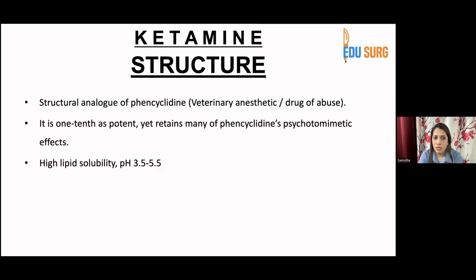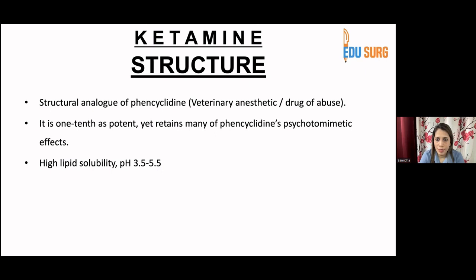It is a structural analog of phencyclidine derivative, very commonly used in veterinary anesthesia, and unfortunately can be used as a drug of abuse. Because of that, now it has been made a licensed drug. It is sold similar to any other opioid drug to avoid its abuse.